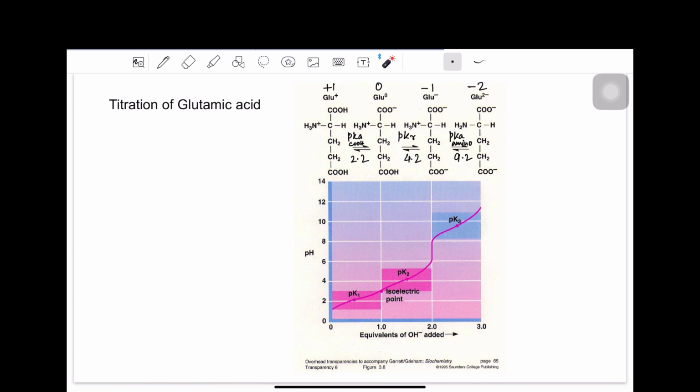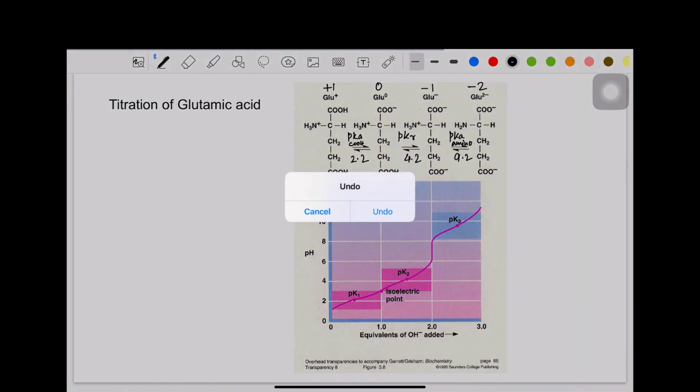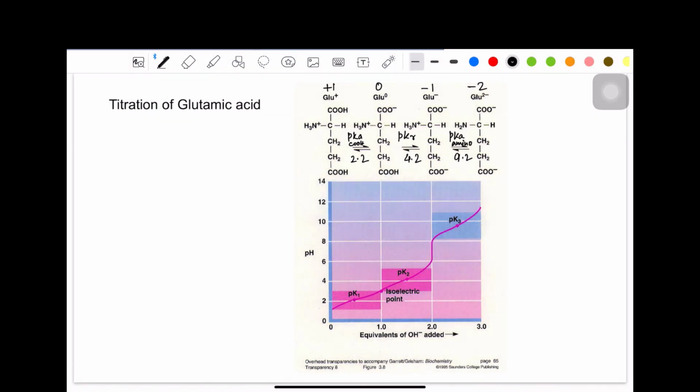So we have mentioned that when calculating pI of this kind of amino acids, we will consider the charge change from +1 to 0 to -1. So what are the two pKa values that we consider here? The pKa of the carboxylic acid group and the pKr, or the pKa value of the side chain.